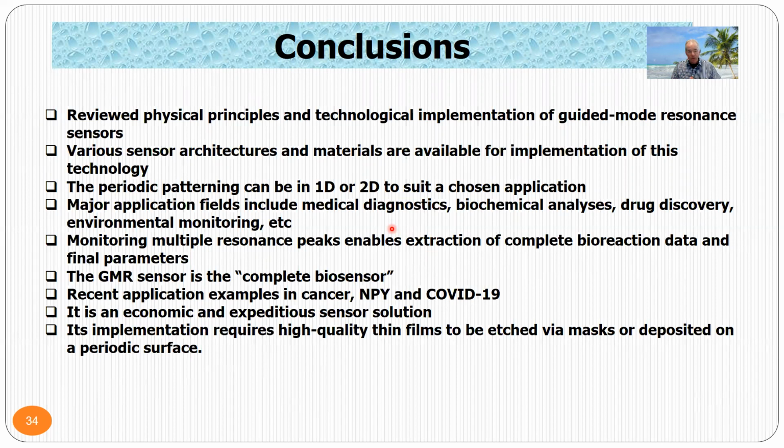And one can pattern in 1D or 2D dimensions. And people do both. And the application fields include medical diagnostics, as I showed, biochemical analysis, drug discovery, environmental monitoring, and many other applications. But if we allow multiple resonance peaks, then we can do multiparametric sensing.